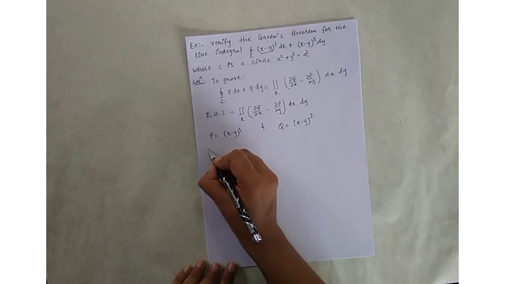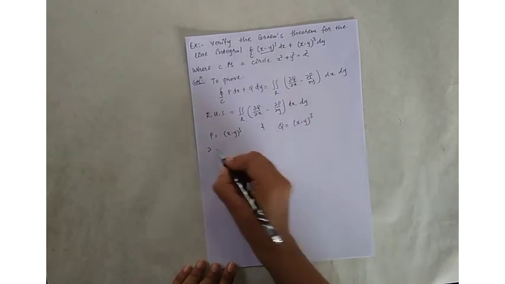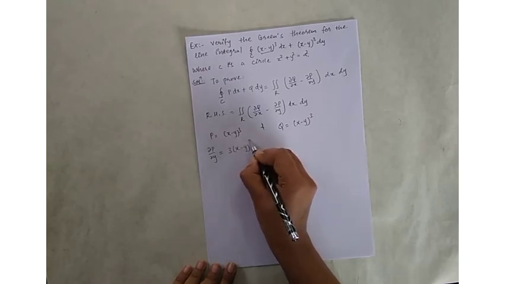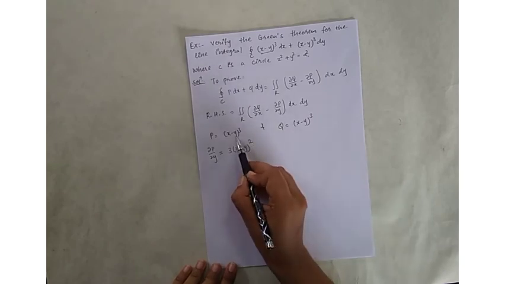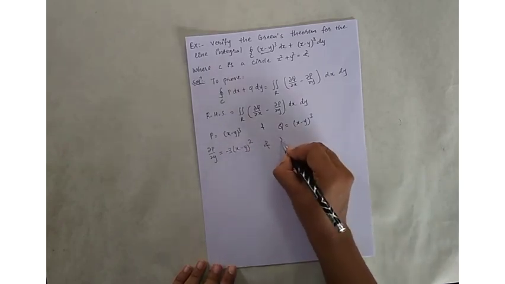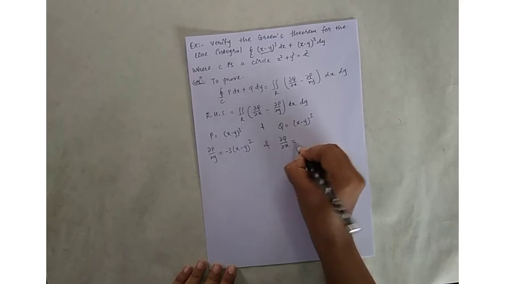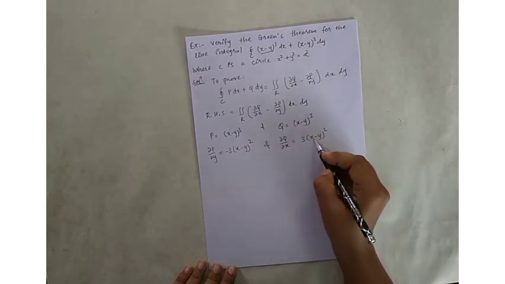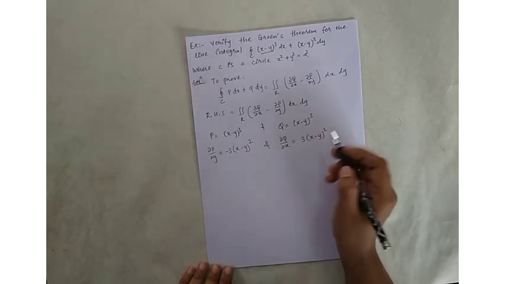So next, to find del p by del y, that is 3 into (x minus y) square, and the derivative of minus y is minus 1, and del q by del x is equal to 3 (x minus y) whole square, the derivative of x is plus 1.